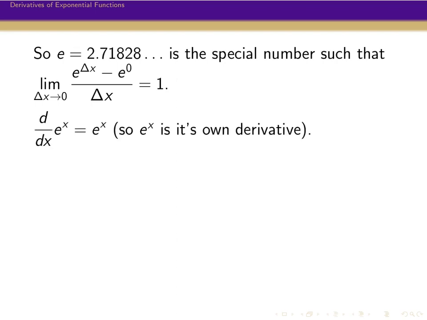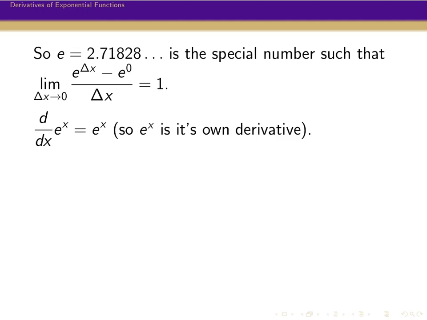Okay. And so what this means is that for exponential functions, the value of the derivative is the exponential function again times this limit. Well, since this limit for e, when e is the base, is equal to 1, that means the derivative is itself. So the derivative of e to the x is e to the x. It is its own derivative.